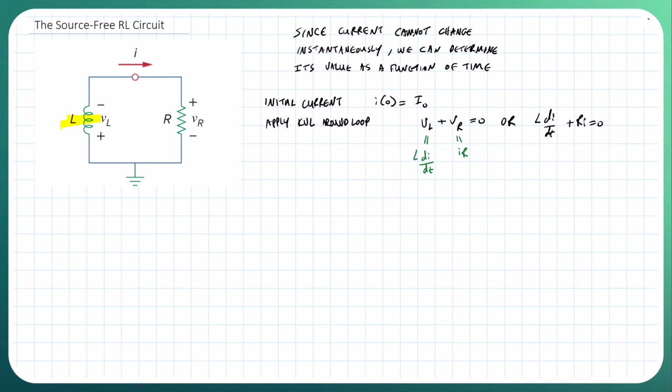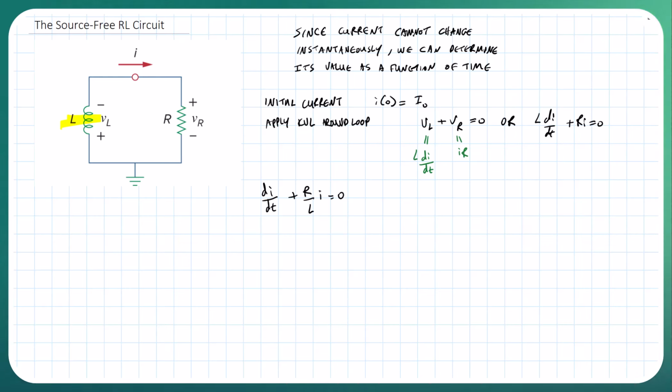Now we can further analyze this by rearranging the equation and doing some integration. If we rearrange this equation, we have di over dt plus R over L times i equals 0.